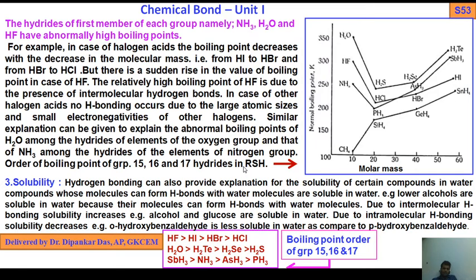So this is the order for group 15, 16 and 17 hydrides.